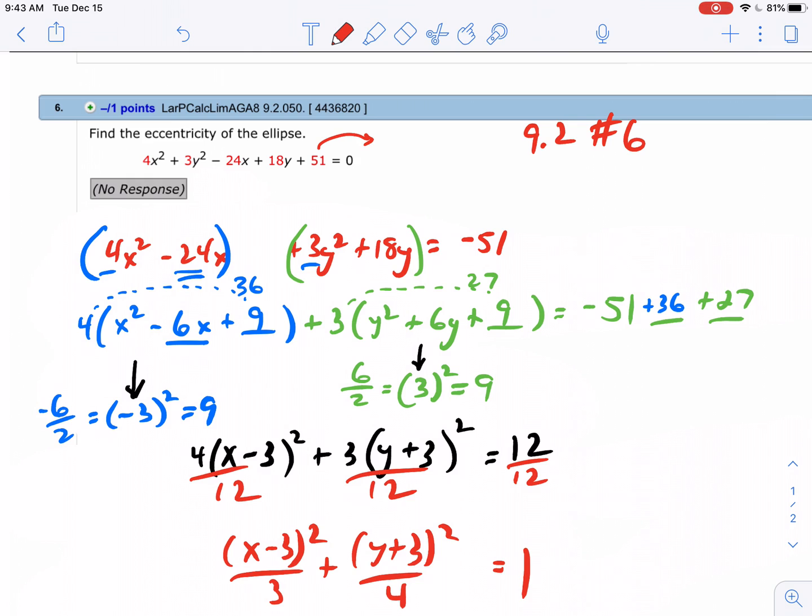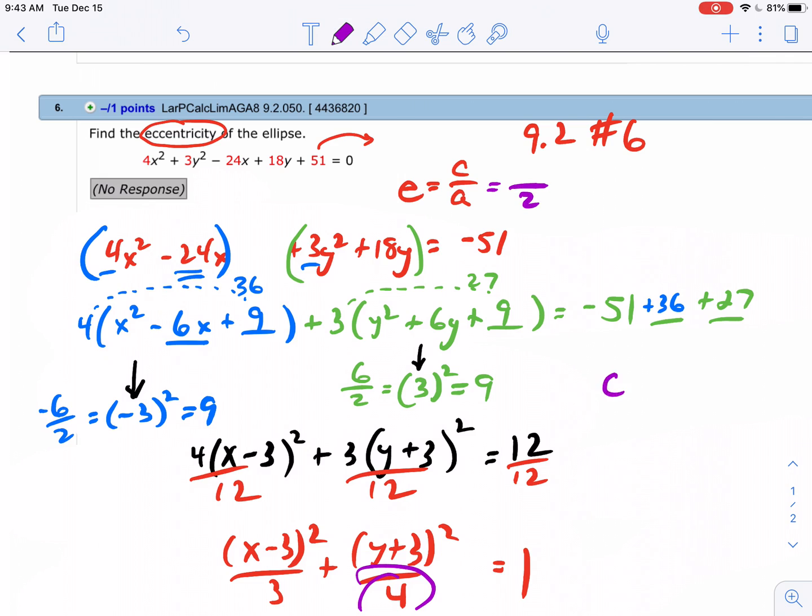So if I'm doing the eccentricity, it is c over a. Right now, I know that my a value is the larger of the two denominators. Do the square root. So I take the 4, I square root that, and I get a 2. So my a value is 2.